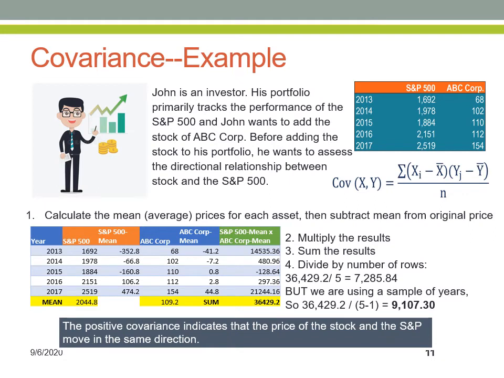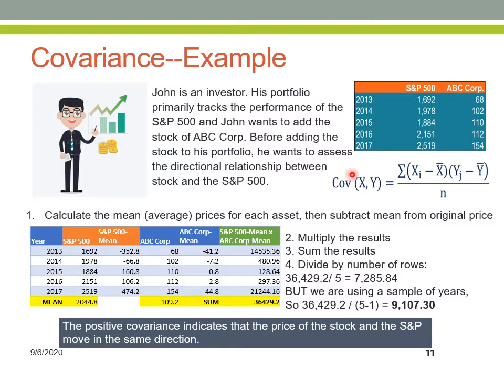Here is an example of covariance. Now, let's say our buddy John is an investor and he looks at the S&P 500, which is the big market index, and he wants to determine whether he should buy the stock of ABC Corporation.